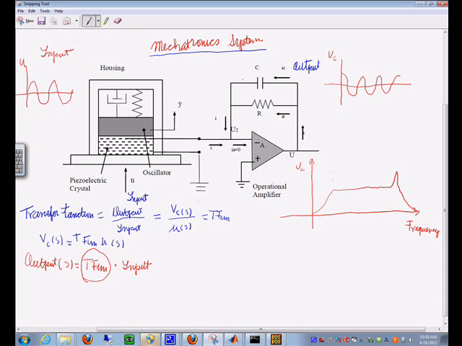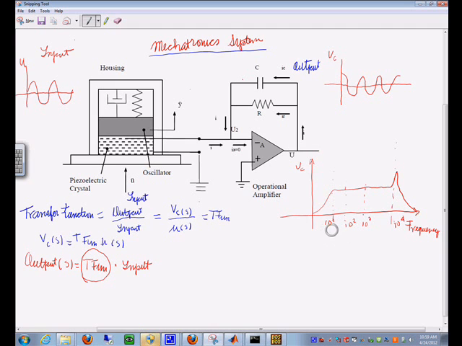And this is going to be around, let's say, 1 hertz. Then it will be 100 hertz, 1000 hertz, logarithmic scale. This point in this particular sensor might be about 10 to the 4th.